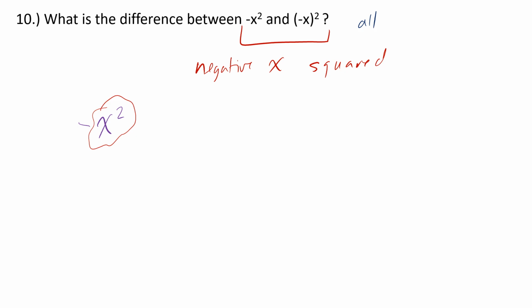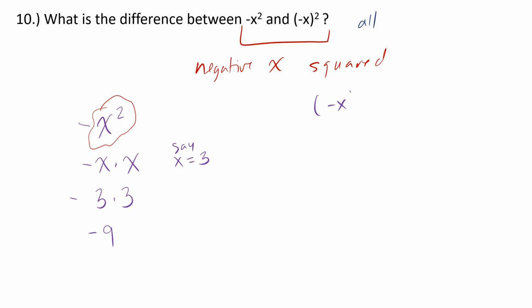So the negative in this case is actually not being squared. X squared is x times x, and so the negative would float out in front like that. And so if x were, say, 3, we'll just make this up, say x equals 3, then this would be -3 times 3, or -9.